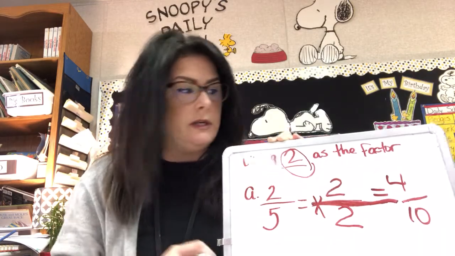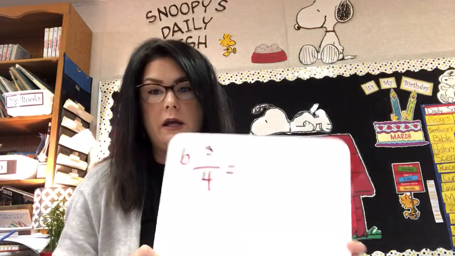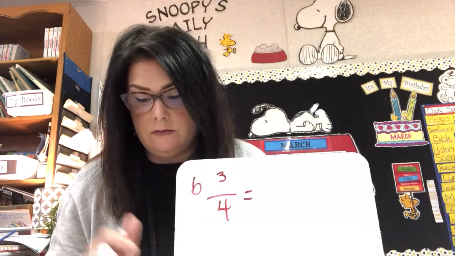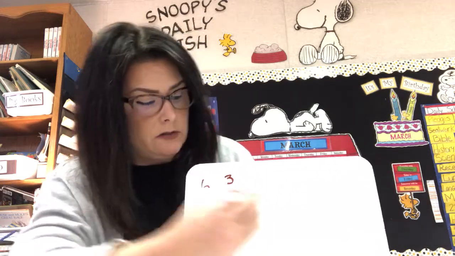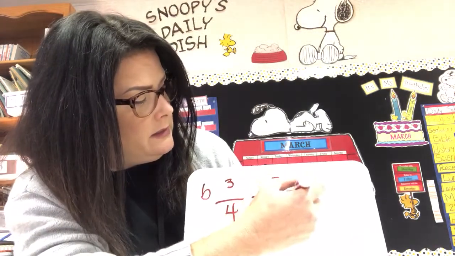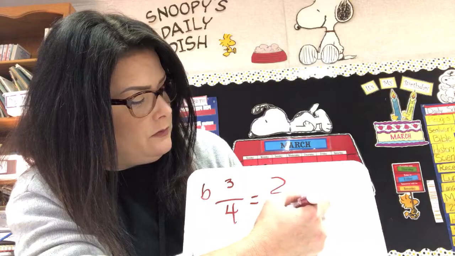So on the next one, same thing. This is letter B, and it is 3 over 4. And just like it says, you're going to use 2 as the factor. So you're going to multiply this by 2 over 2.